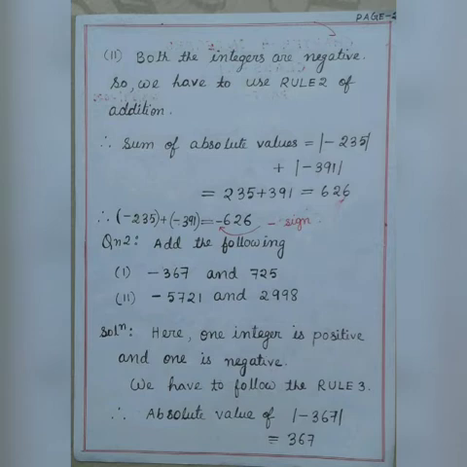Solution is like, here one integer is positive and one is negative. So we have to follow rule number 3. Therefore, we shall find the absolute values of the given integers. Absolute value of minus 367 is 367.